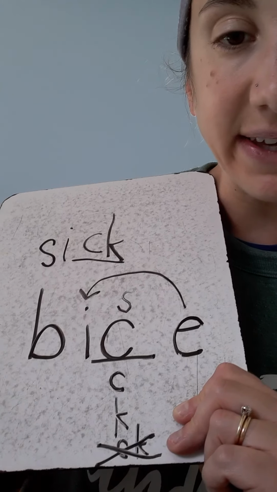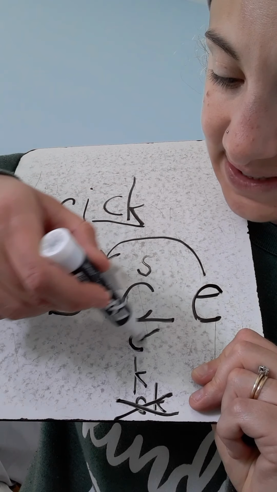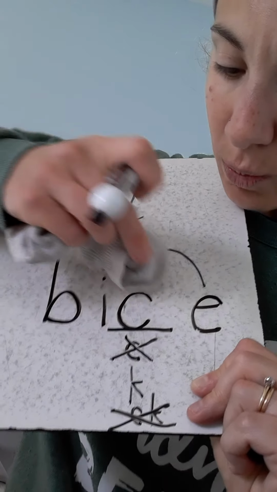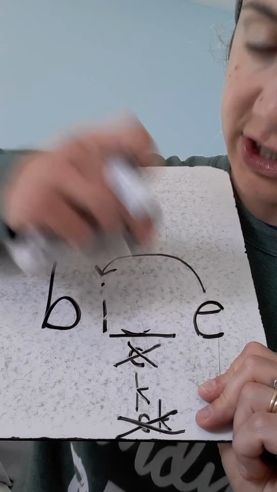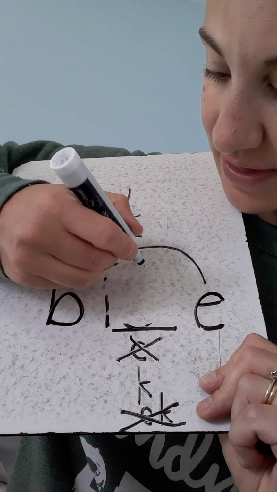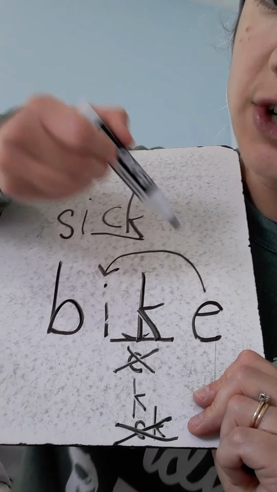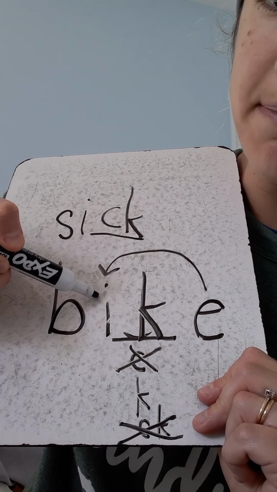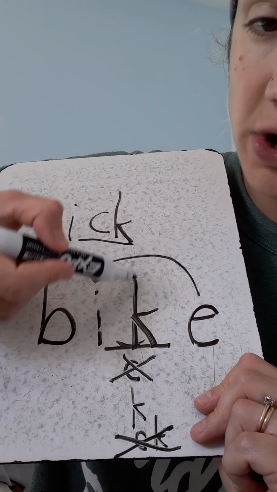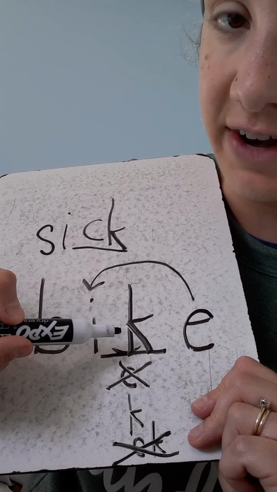My word was bike. So if CK is not going to work and the C is not going to work, we need a letter with a strong enough backbone to hold up against that E. And that's going to be our K. So the E can still jump over and tell the I to say his name, but the K is strong enough to hold himself against that E and isn't going to let him soften him.